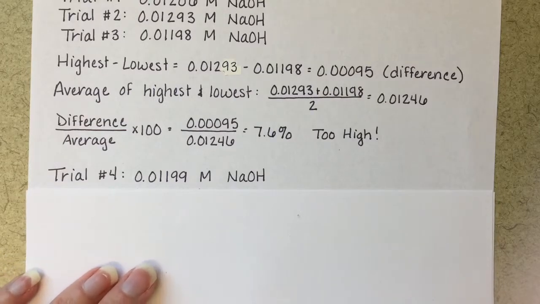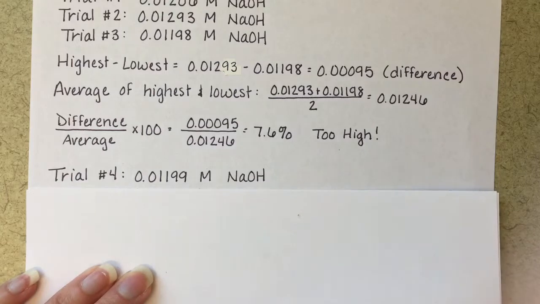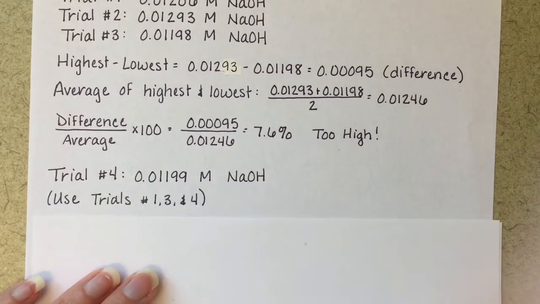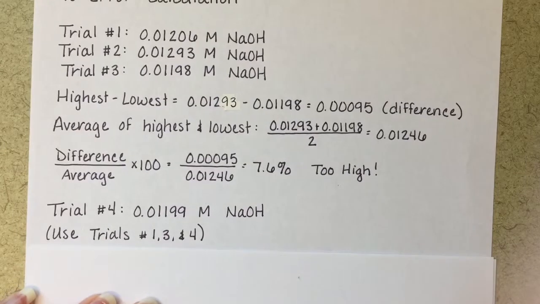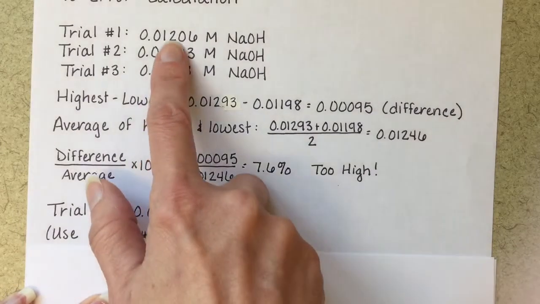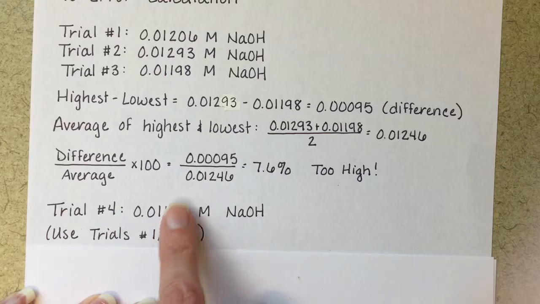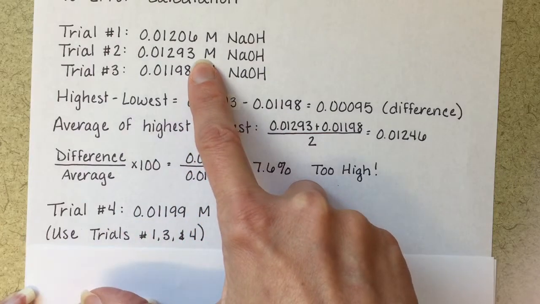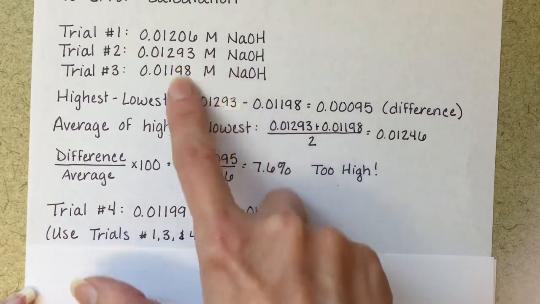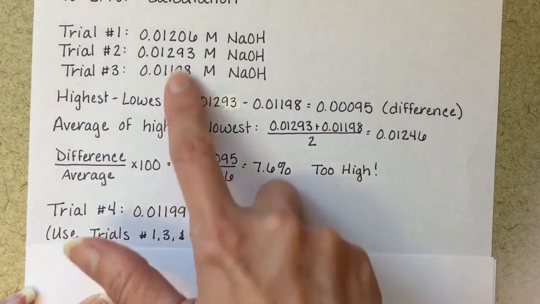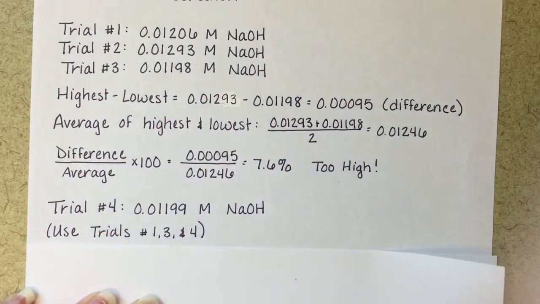So here we do trial number 4, we get another molarity, and after trial number 4, we're going to recalculate our percent differences using the 3 trials that are closest to each other in molarities. So looking at my 4 trial molarities, I can see that trial number 2 is the biggest. And not just that it's the biggest, but it is the most different from the other 3. 1, 3, and 4 are pretty close to each other in terms of value.